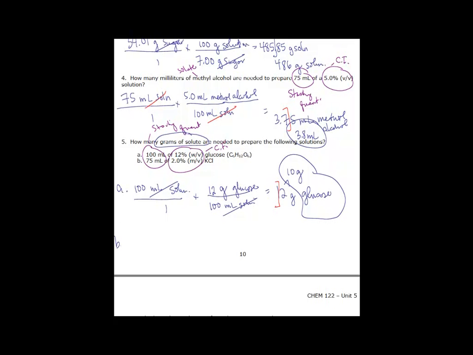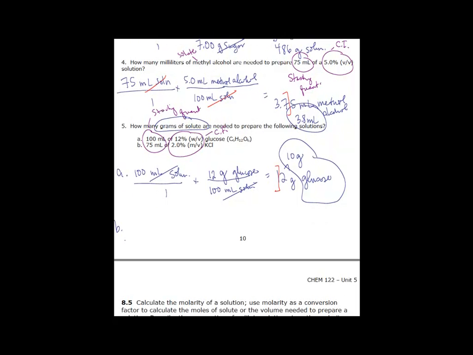All right, B. Start off with 75 milliliters of solution over 1, and then 2 grams of KCl over 100 milliliters of solution.